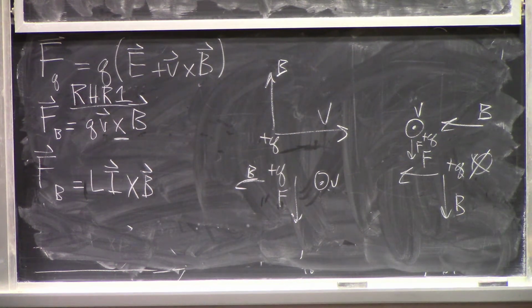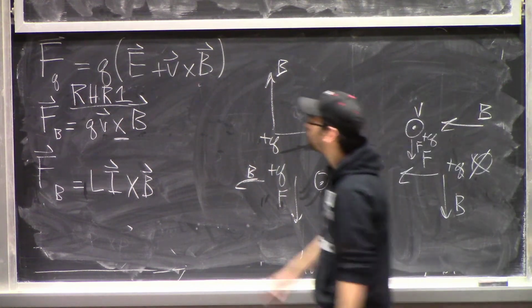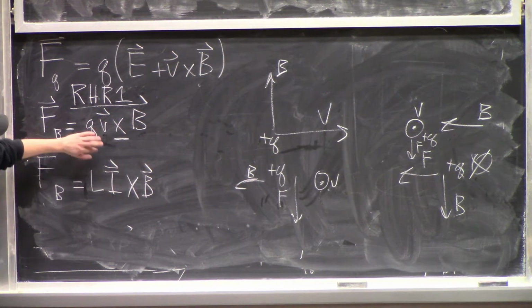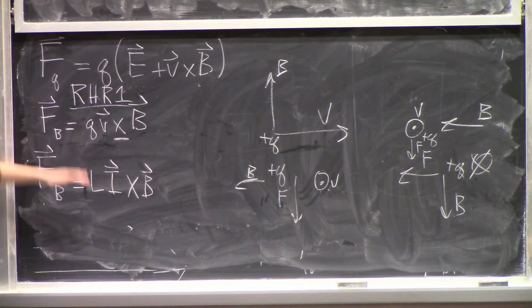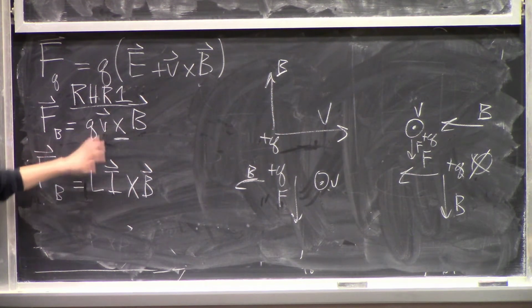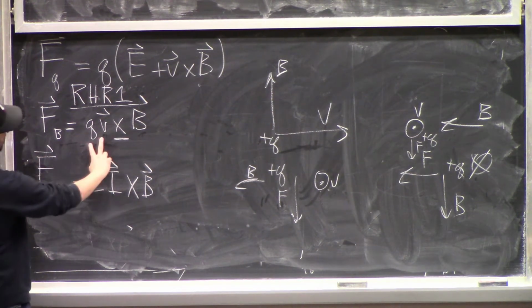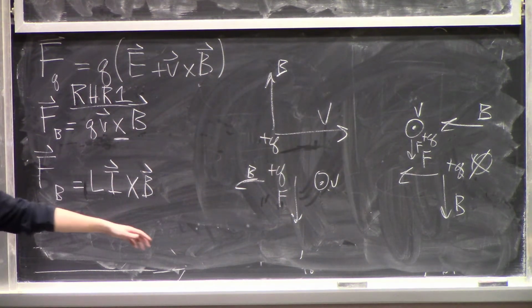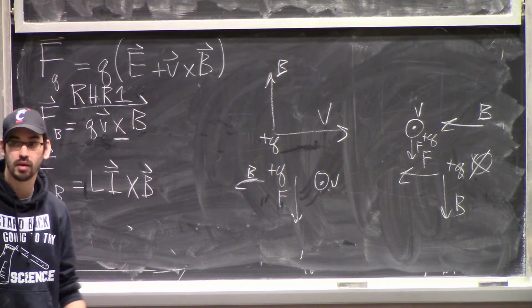Okay. Now, this is just the right-hand rule 1 for the charge moving in the presence of a magnetic field. But like I said, because this equation and this equation are basically the same equation except for what these parameters are, the way that you perform the cross product is exactly the same, right?